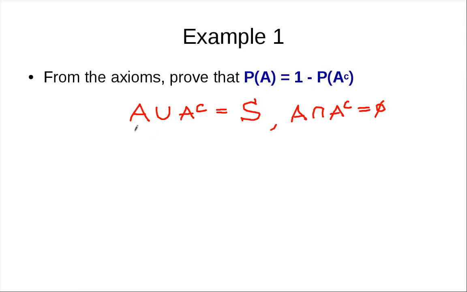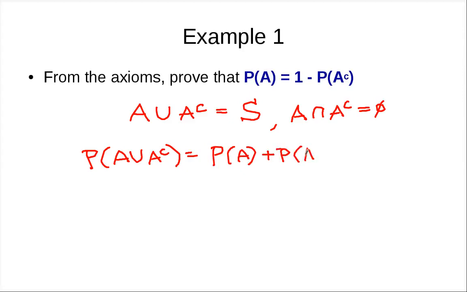So from the third axiom, the probability of A union A complement equals, because they are disjoint events, the probability of A plus the probability of A complement.